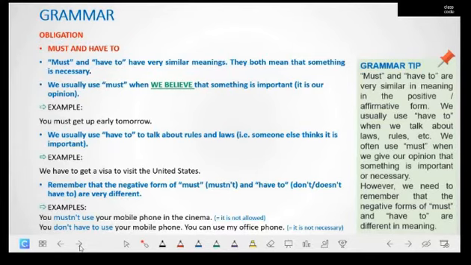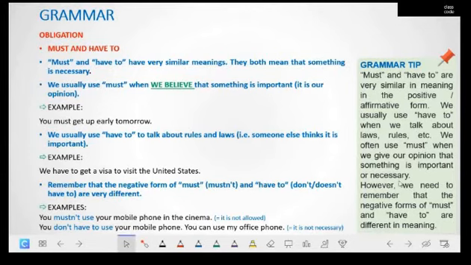As we said, have to is from outside. This is what other people think is necessary, but must, this is an obligation that we need to follow. This is my obligation. This is what I believe is true, or this is what I believe I have to do. So this is the difference between must and have to when it comes to the positive and affirmative form.